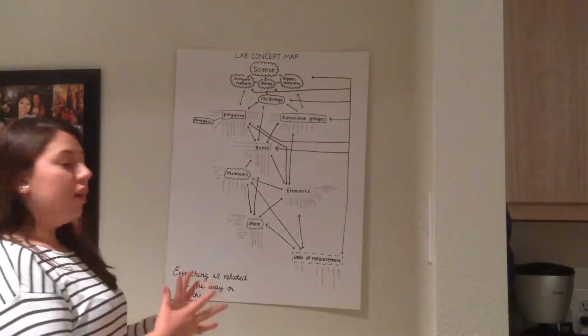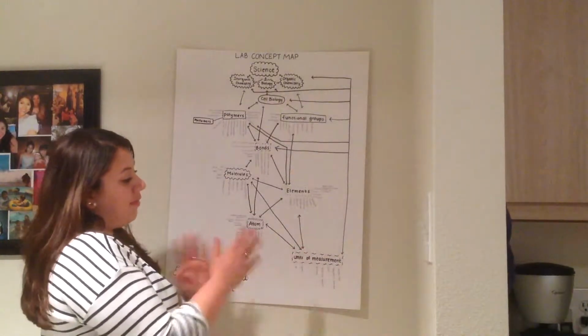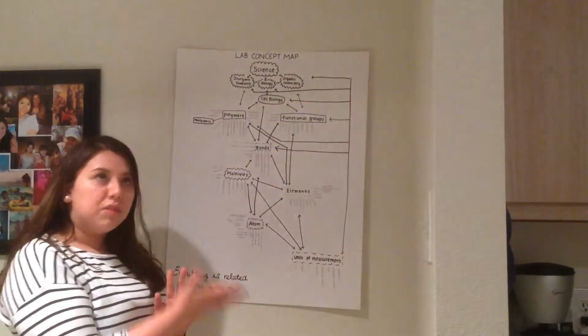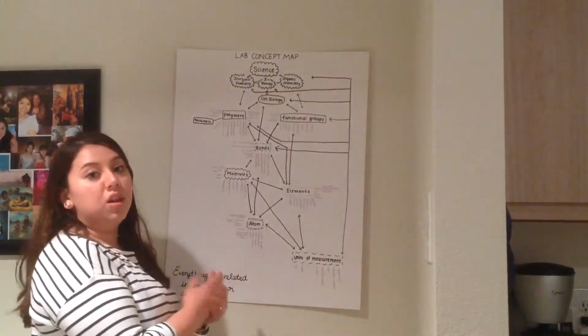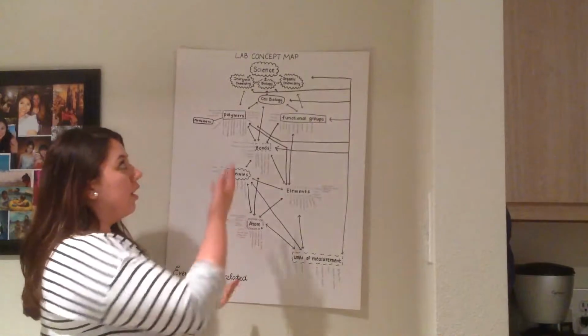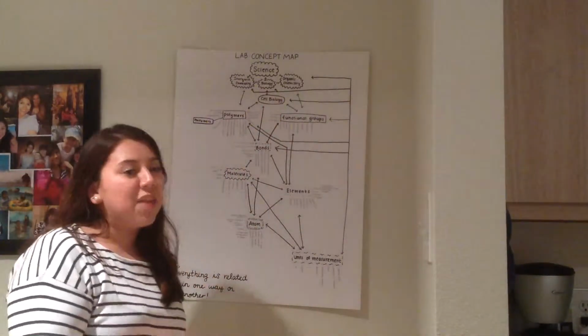For example, I'll begin with the units of measurement. The units of measurement is not directly related to an atom or an element or a molecule, but when you're in, for example, a chemistry lab, you're trying to cook up all of these chemicals.